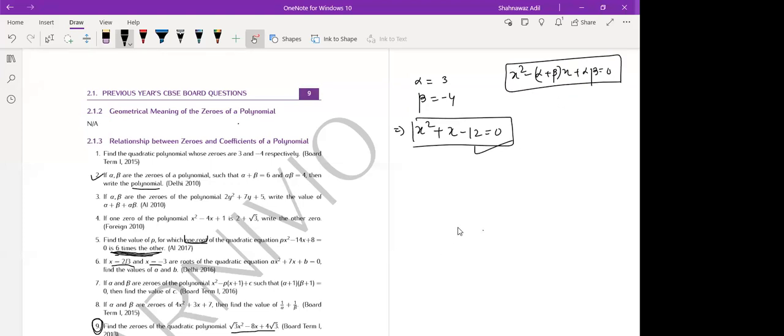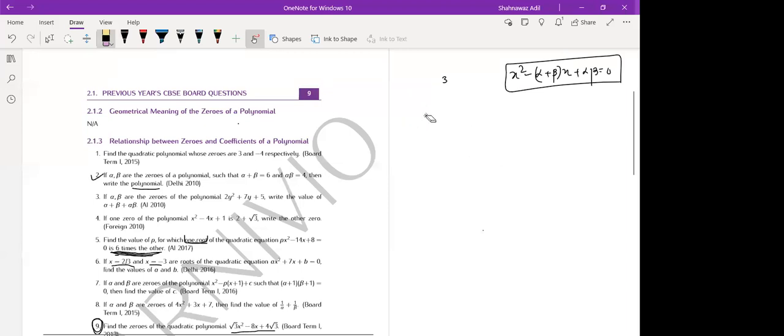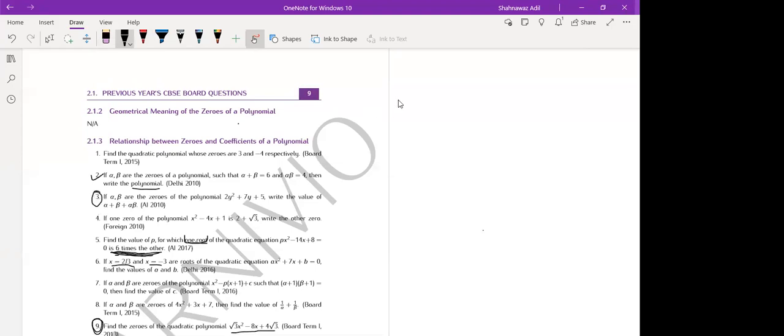Now let us do one more problem and then we'll end this class. Okay, so this question, third one, right? Okay, sir. If alpha and beta are the zeros of the polynomial, so we have this quadratic equation, and the roots are alpha and beta.